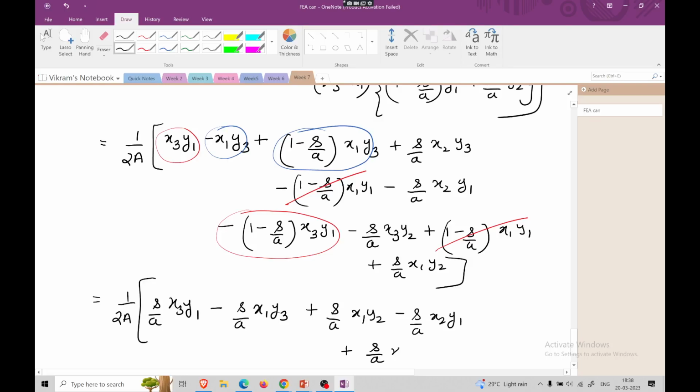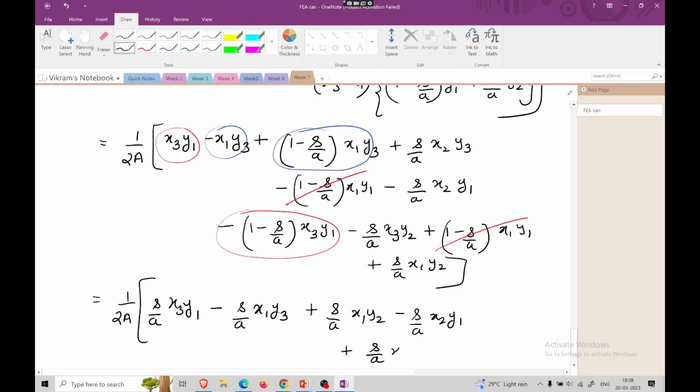So again this 2a and this will also be 2a. So my psi 2 will be s by a. So again psi 3, if you calculate, it will be equal to 0. So you can simply substitute. You can just write psi 3 is equal to 1 by 2a times alpha 3 plus beta 3x plus gamma 3y. So it will be 0.